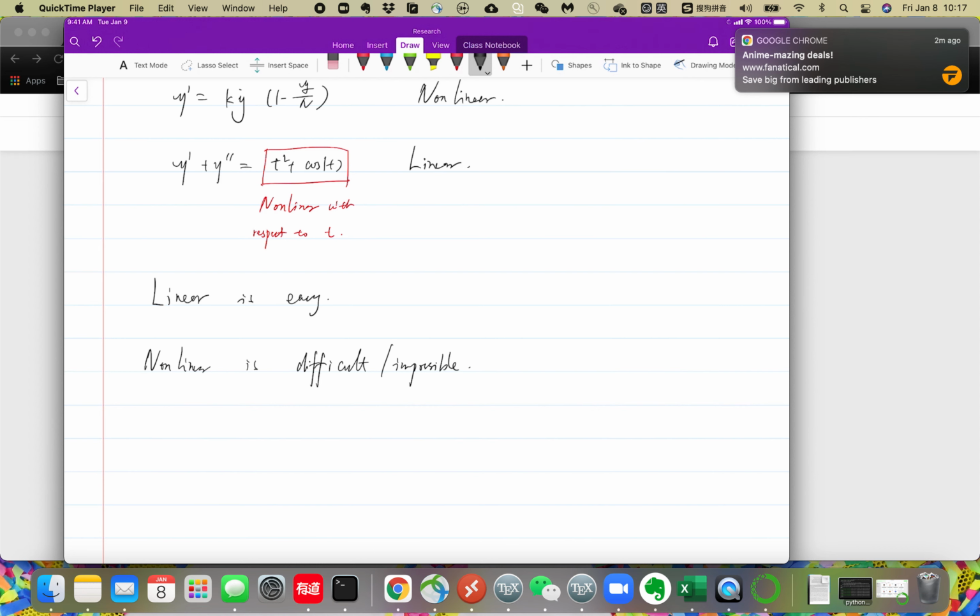Then, if you see nonlinear systems in real life, the first thing you want to do is somehow locally change it to a linear system, and then you can solve it with a linear system. Now finally, for the hardest one, which you cannot convert locally to a linear system, you have to be very careful and do it case by case. We can only do a few cases that we know. In general, it's difficult or impossible.